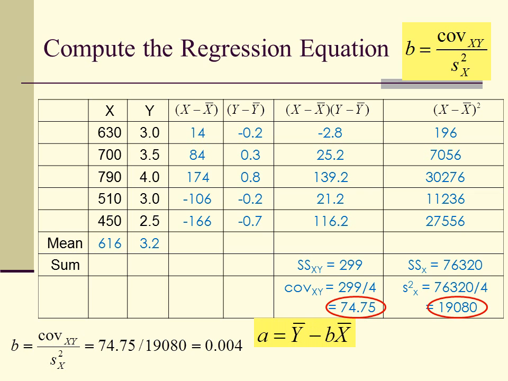Then we need to find out the intercept. Intercept equals mean of y minus b multiplied by mean of x. We know mean of x and mean of y, so the intercept is 3.2 minus 0.004 multiplied by 616.